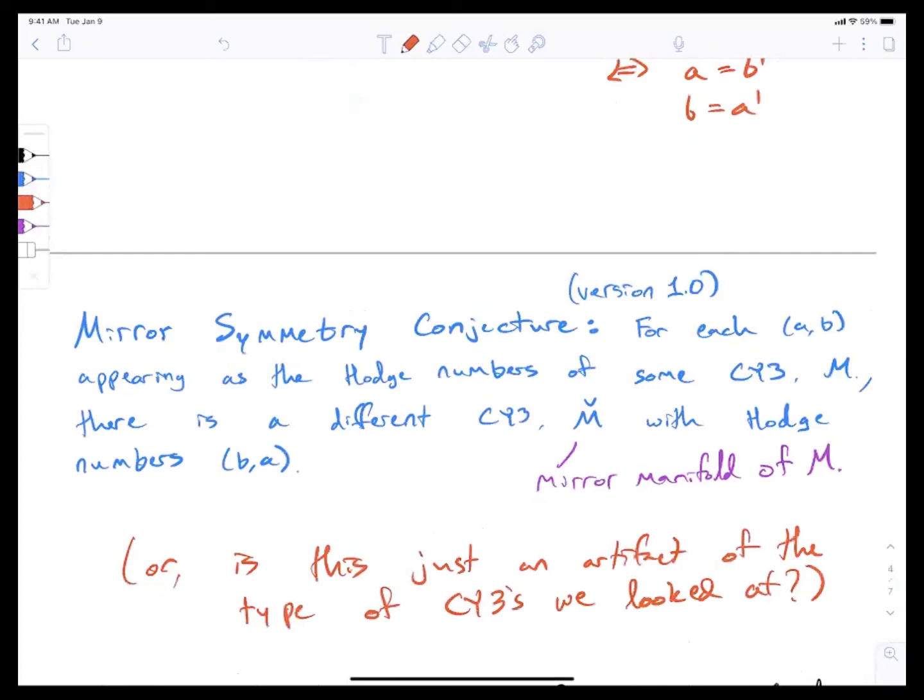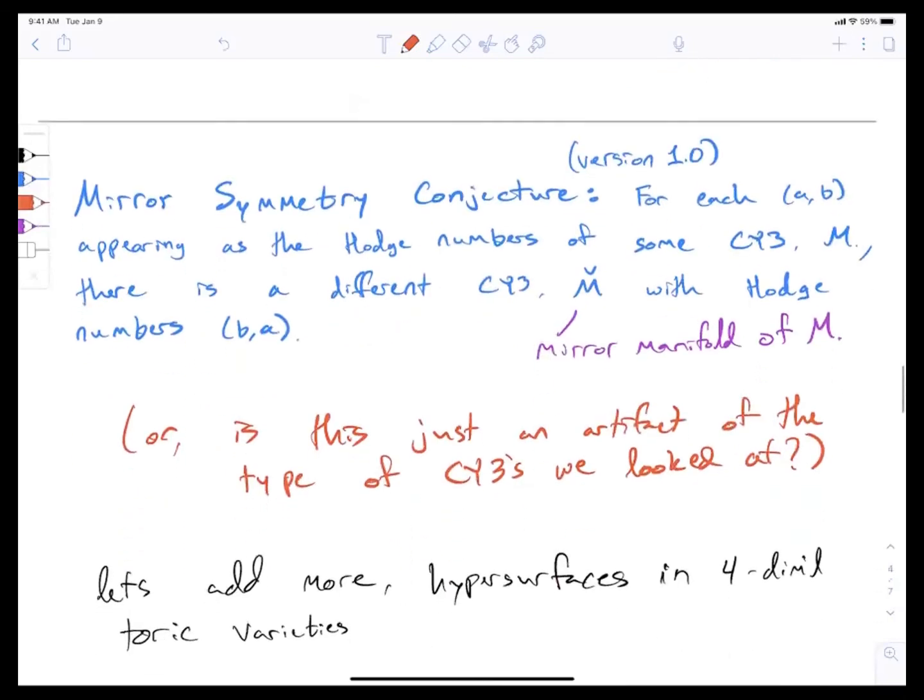Well, the first thing I would say is, even if it is, it's already pretty interesting that all the Calabi-Yau threefolds of a certain type have this weird symmetry. But it'd be more interesting if this pattern persisted. So let's add more. So people started doing this. They started generalizing ways of constructing these, and most of these came from toric geometry, these new examples.